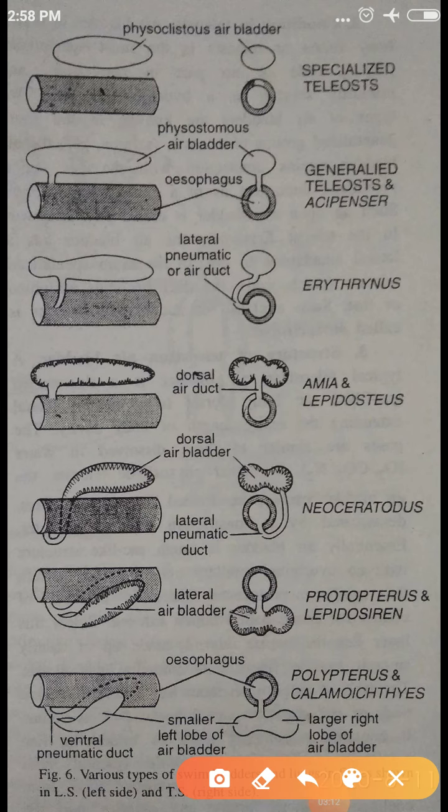You can see here the smaller left lobe and the larger right lobe, and the position is ventral.